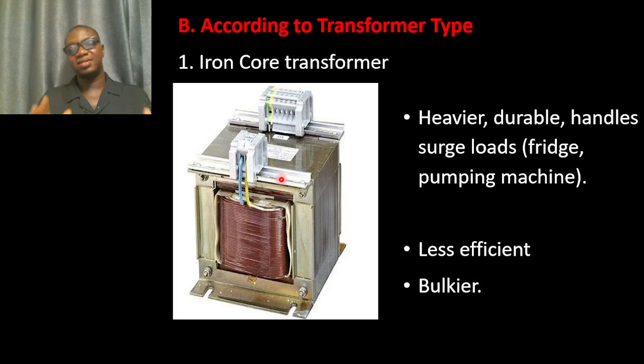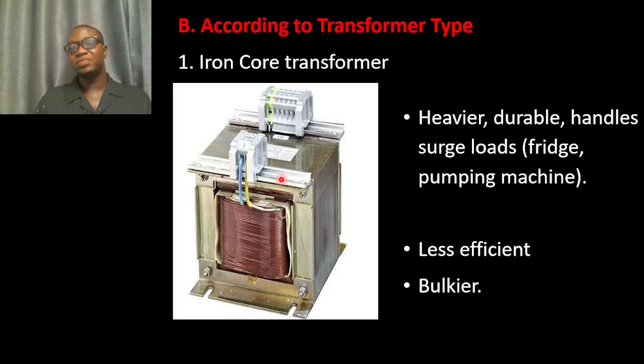The characteristics of this transformer are that it is very, very heavy and very, very durable. And one thing is that it handles surge properly. It is balanced, it is gallant. That is one thing about this inverter, but it is less efficient, as it loses power due to heat very well, and it is very, very bulky and heavy.